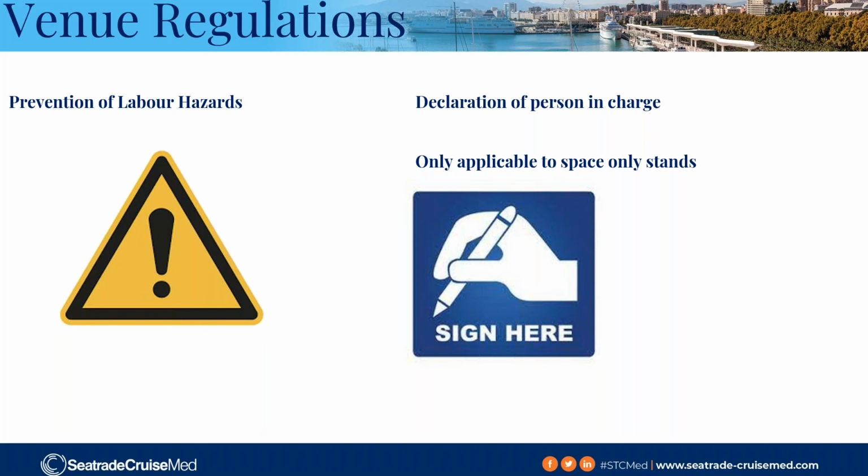And the other thing you have to fill in, this is only applicable for space-only stands, is the declaration of person in charge. So it's essentially just to let the venue know if something goes wrong whilst build-up is happening or show open day, who should they contact for your stand? Who's the best person to get in touch with?